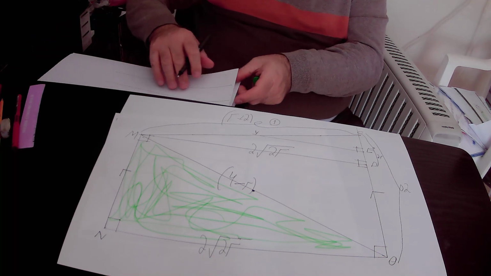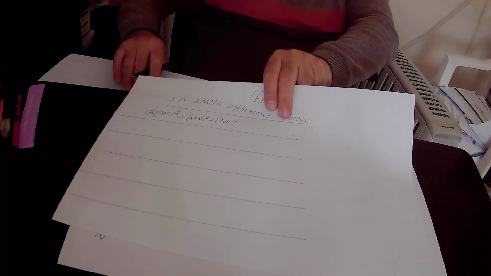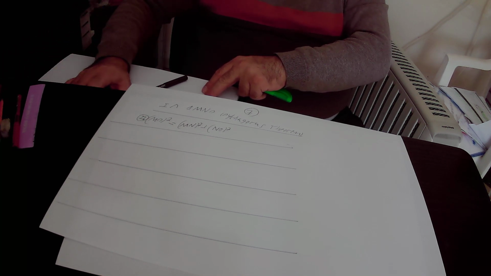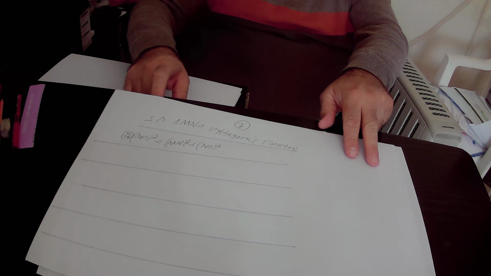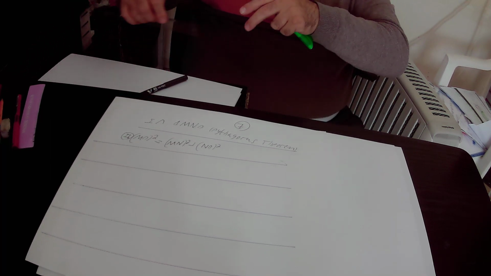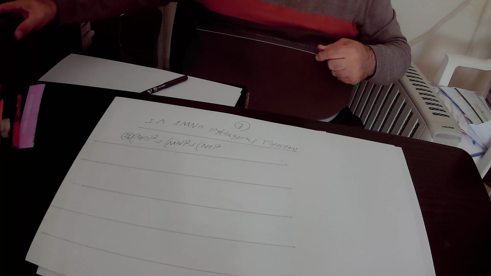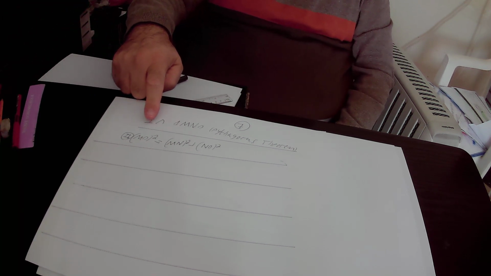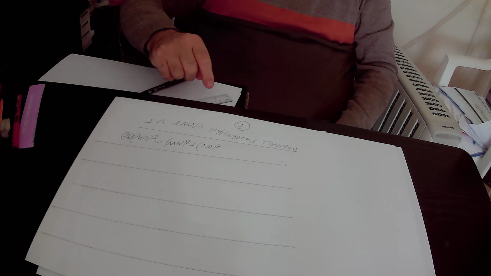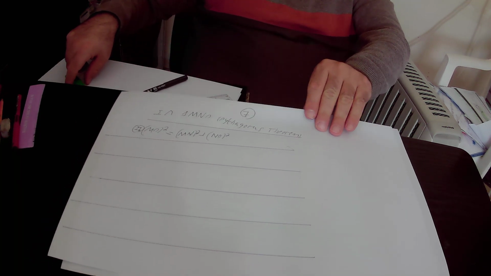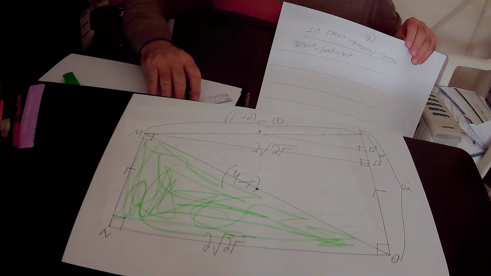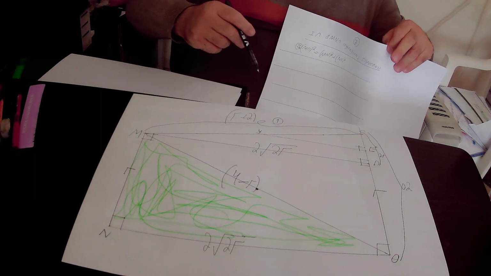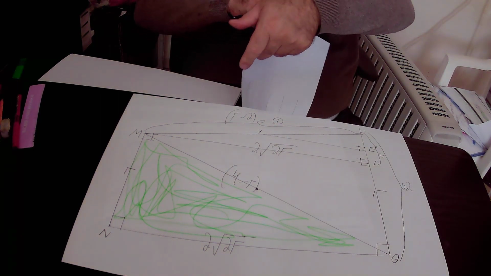I will repeat again. In the right triangle, triangle M and O, the square of the hypotenuse equals to the sum of the squares of the perpendiculars. That is to say, MO square equals to MN square plus NO square. But we have already found out that MO equals to 4 minus R, so MO square will be equal to 4 minus R square.